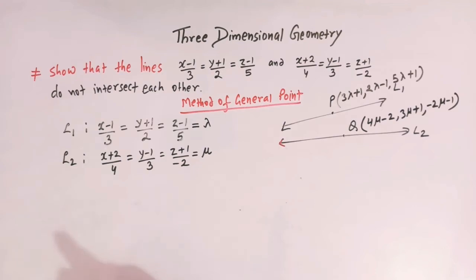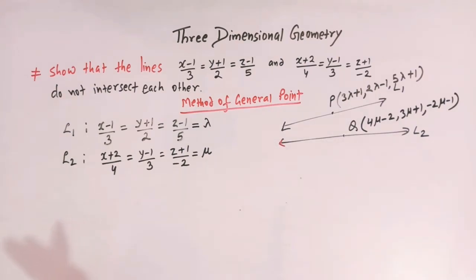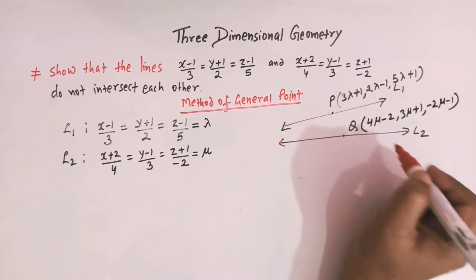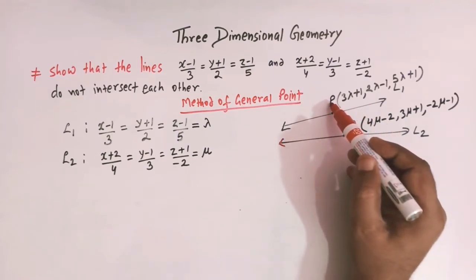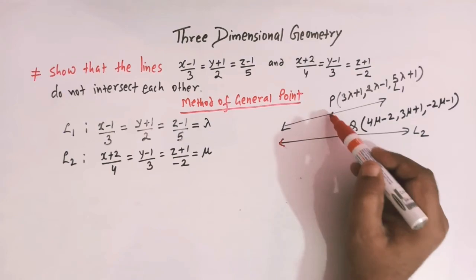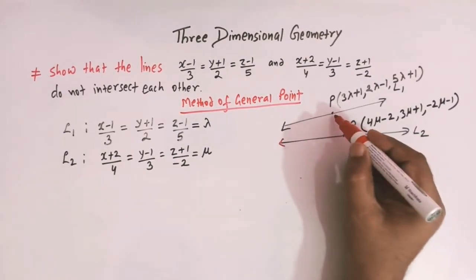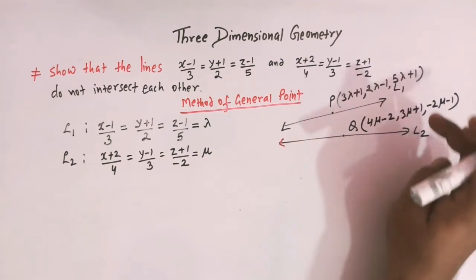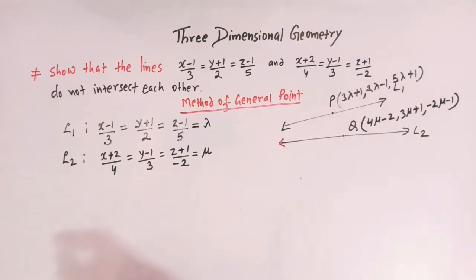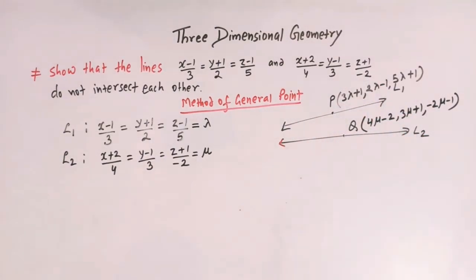Let us first assume that the lines L1 and L2 do intersect. If these two lines intersect, then point P and point Q must coincide with each other. When P and Q coincide, in the case of L1 and L2 intersecting, then these two sets of coordinates must be equal.